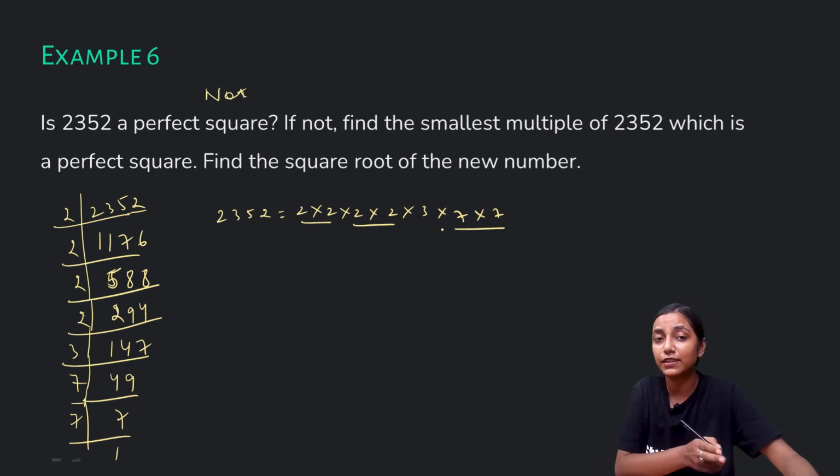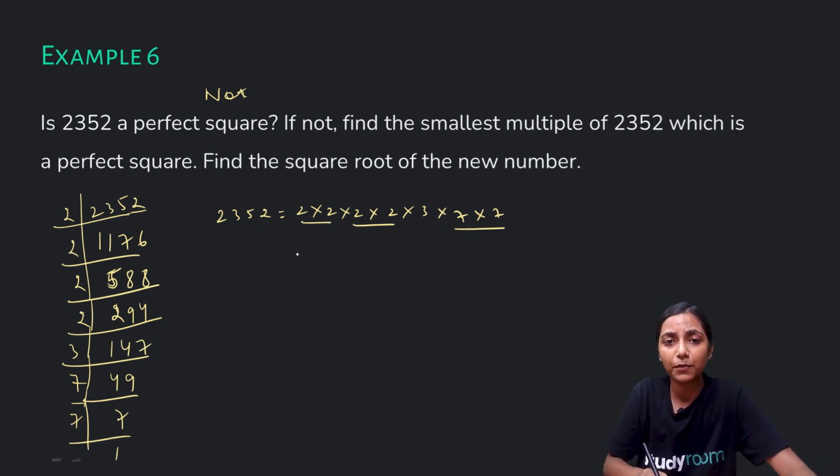Just like the previous example, for finding the smallest multiple of this number which is a perfect square, we will multiply it by 3, because when we multiply this number by 3, we get the pair of 3 as well. So that number will be 2352 into 3.